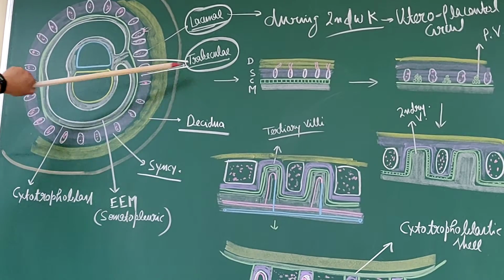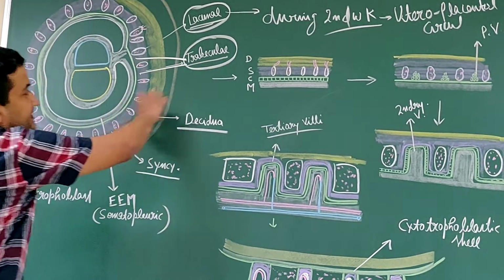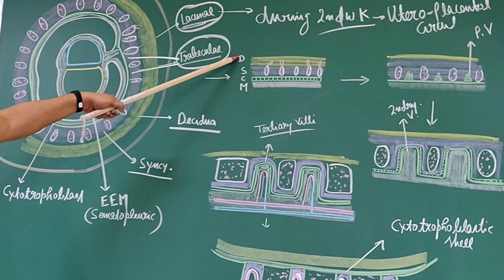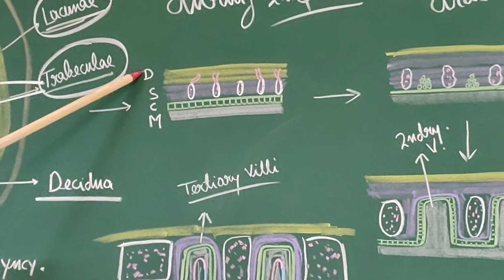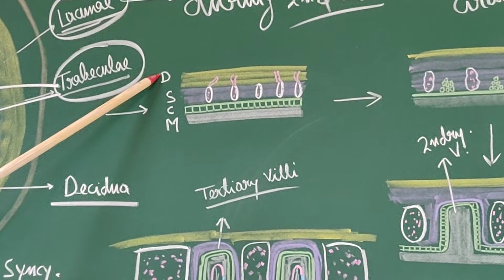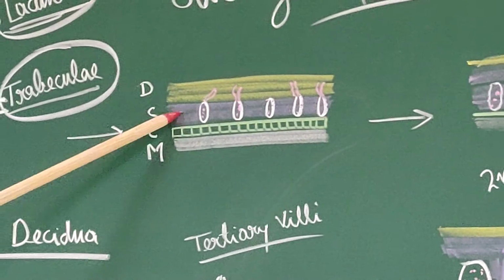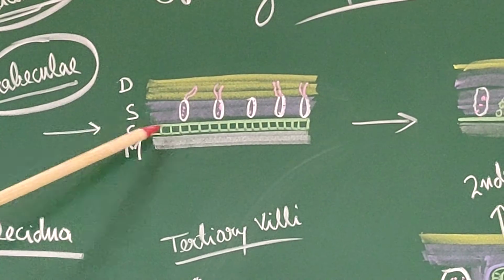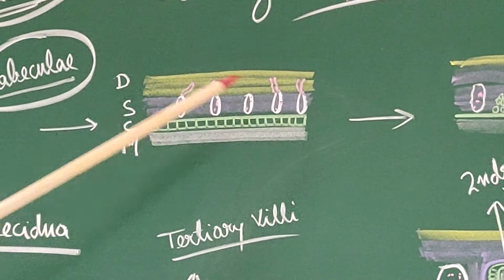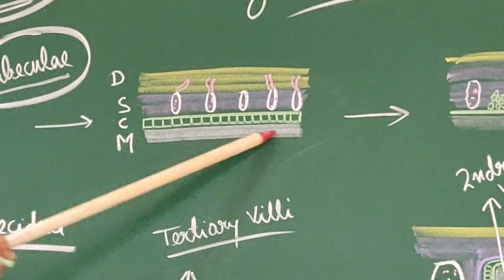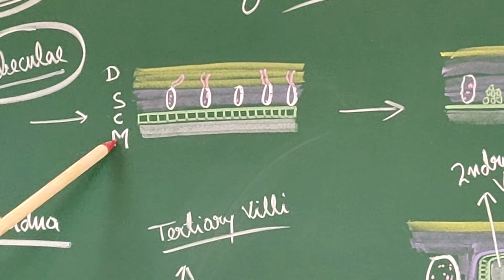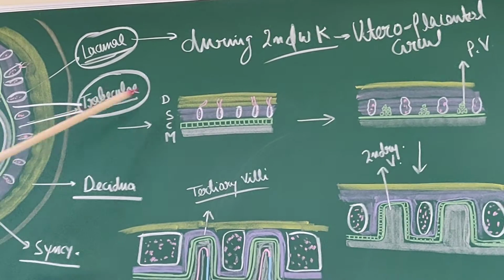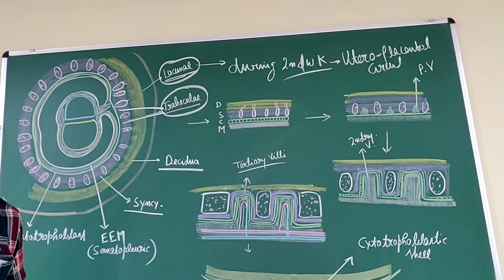Now if we take a section of this part of the diagram, first it is the decidua, then syncytiotrophoblast, in which you see there are the lacunae. This is the cytotrophoblast, and the innermost is the mesoderm, or you can say the extra embryonic mesoderm. So it is a segment of this part.